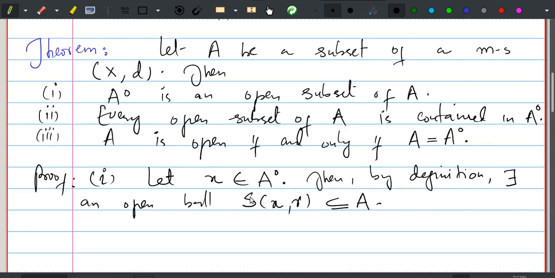But we know that each open ball is an open set. Now this is true for some r greater than 0.